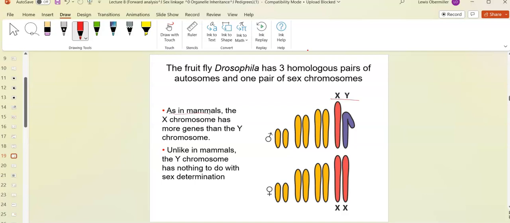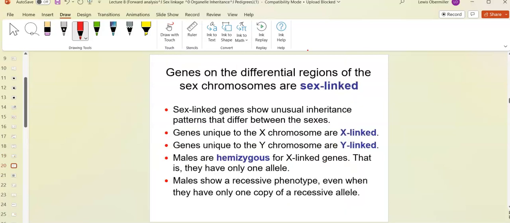Just like mammals, Drosophila have an X chromosome and a Y chromosome, but it doesn't determine sex, and I'm not going to really get into that. Let's just say for the sake of argument it does, because it has to do with the number of chromosomes that determine the sex, not the presence of an X or Y. But that doesn't matter because this is an odd number, this is an even number, and so it's still going to follow the male and the female ratios if it has an XY or an XX in Drosophila. And that's all I'm going to say about it.